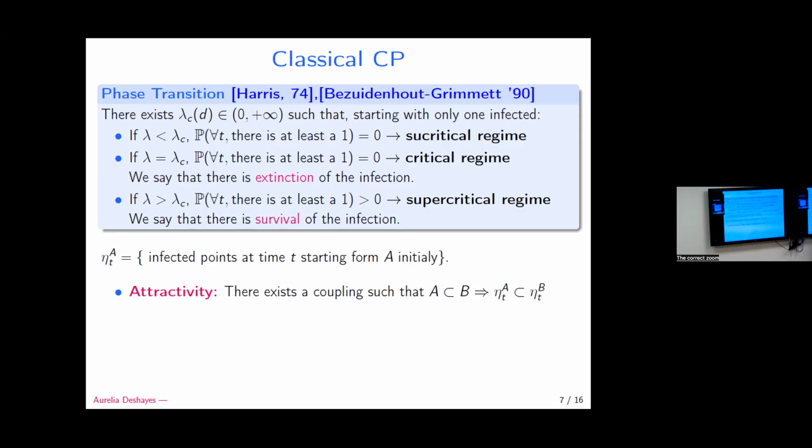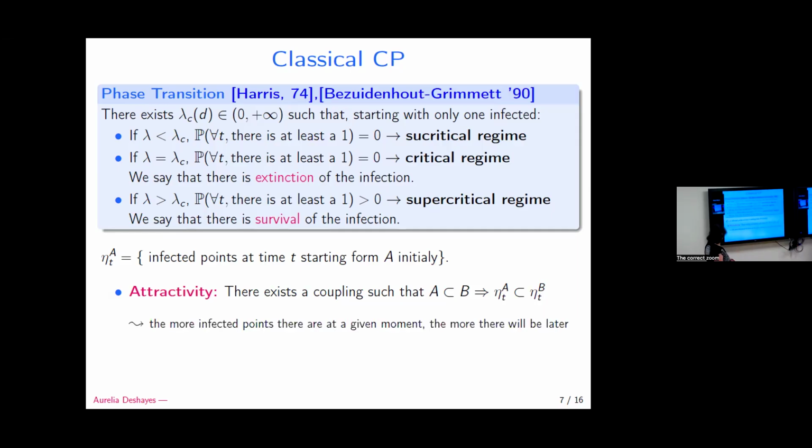Here we have -1, 0, 1, and if A is less than B at each point, then eta of A is less than eta of B, point by point.